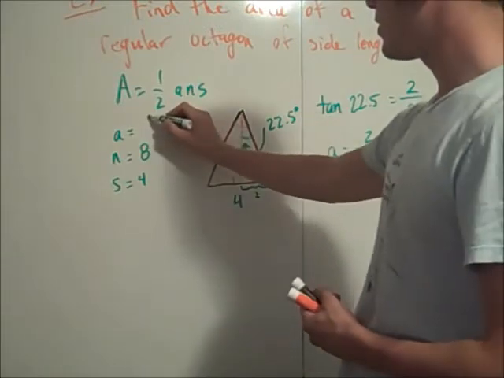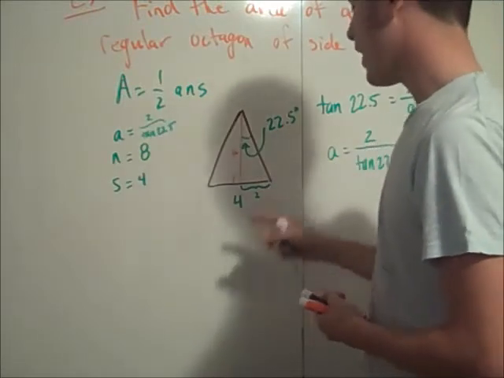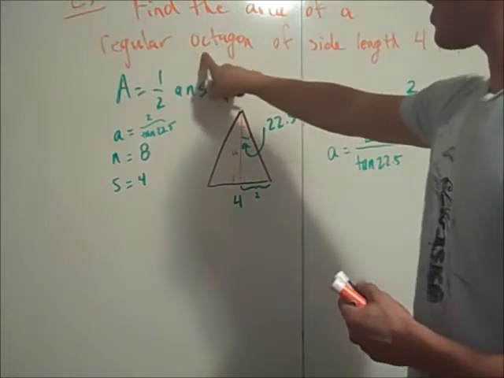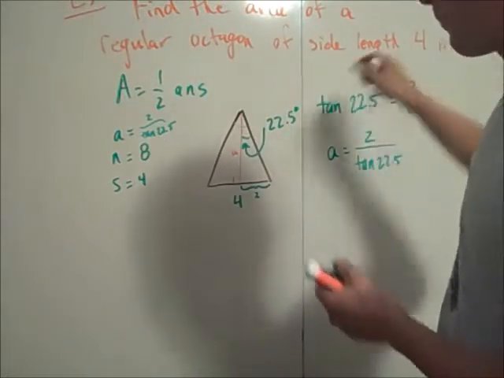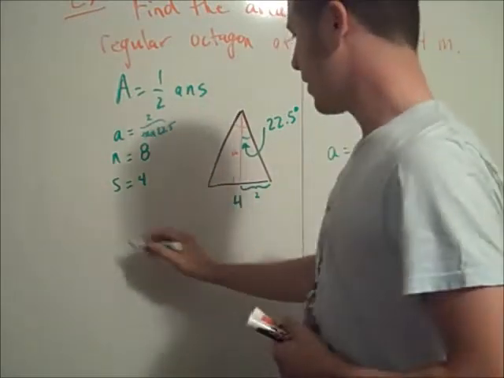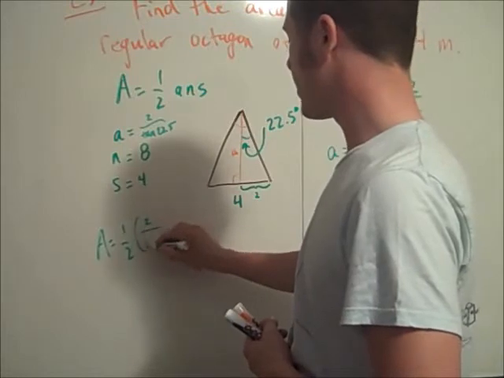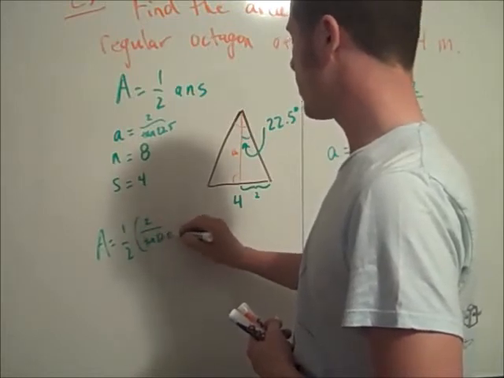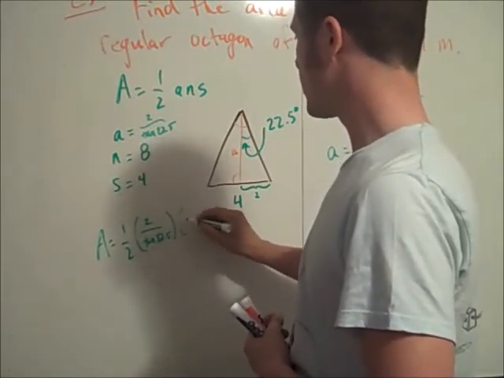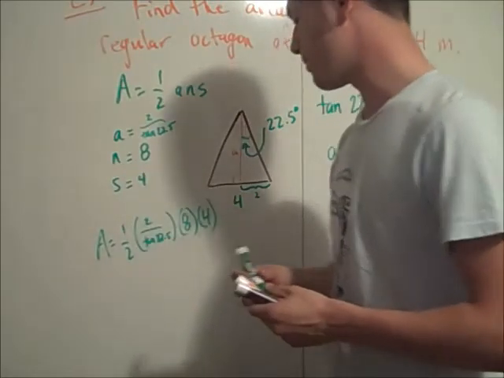And so the area of a regular octagon with side length of 4 is equal to 1/2 times 2 over the tangent of 22.5 times 8 times 4. Whatever that is. That's it.